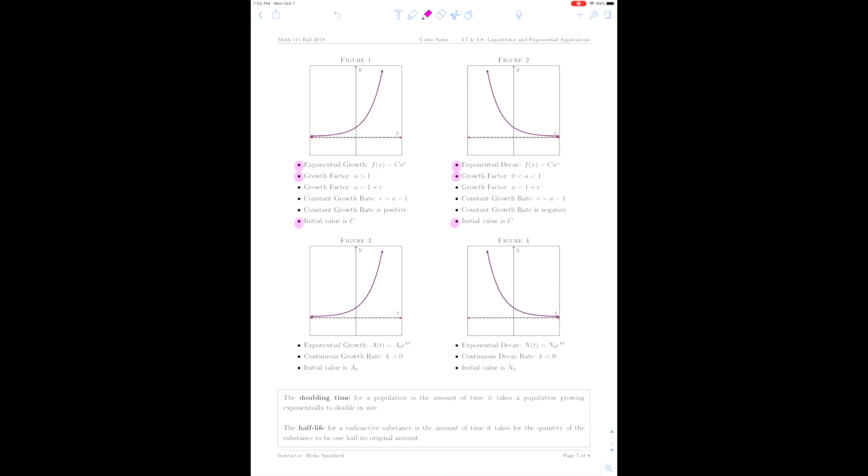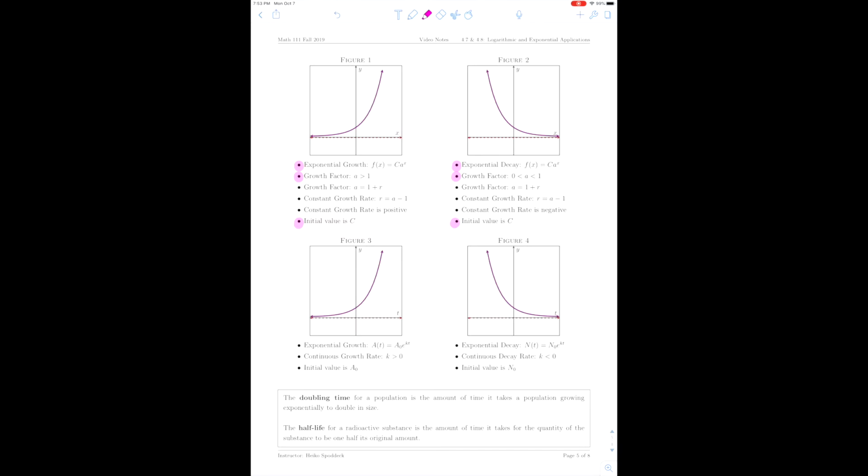The c is the initial value no matter what, but the a is greater than 1 if it's exponential growth, and it is between 0 and 1 if it's exponential decay. Now a always has to be positive, so it's always greater than 0, and it cannot be 1, because then 1 to any power is just 1, so nothing changes.